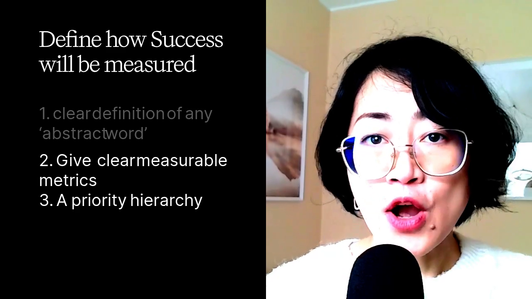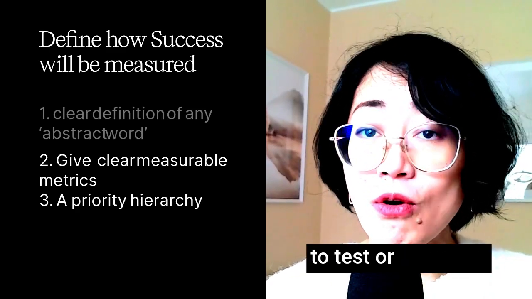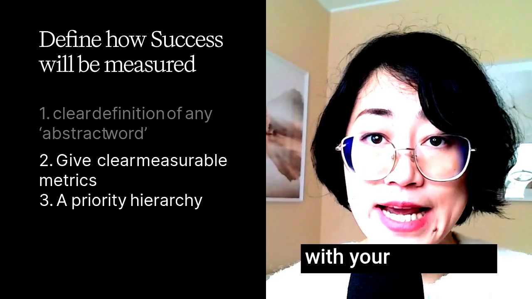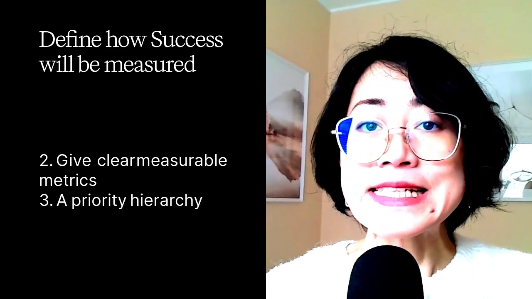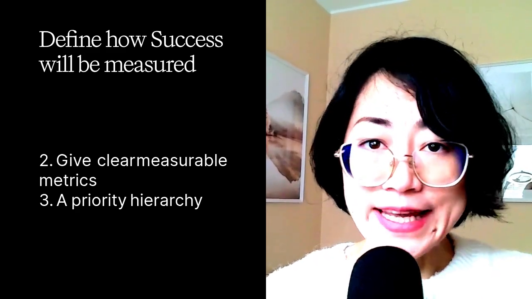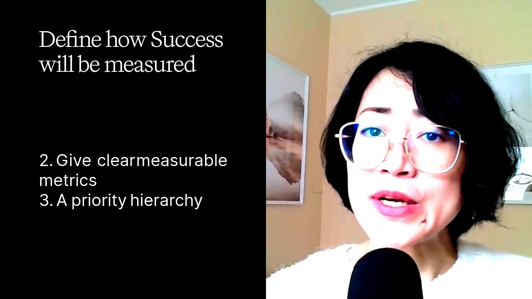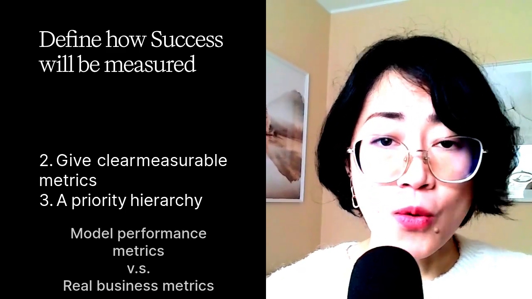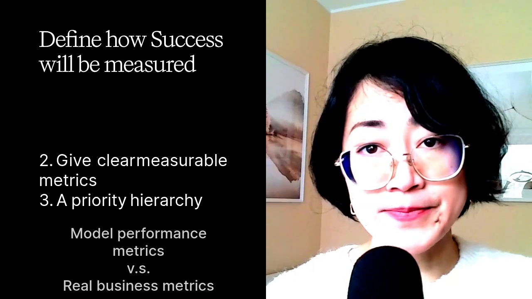You need to know which questions you are not sure about and need to test or co-create with your tech team. If possible, you can even describe what a good enough solution looks like and how we can tell the product is successful or useful. Should we use historical data to test, or do you need A/B testing for a real business metric, like revenue increase?